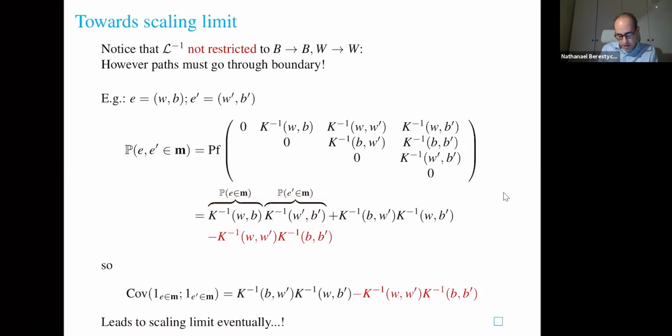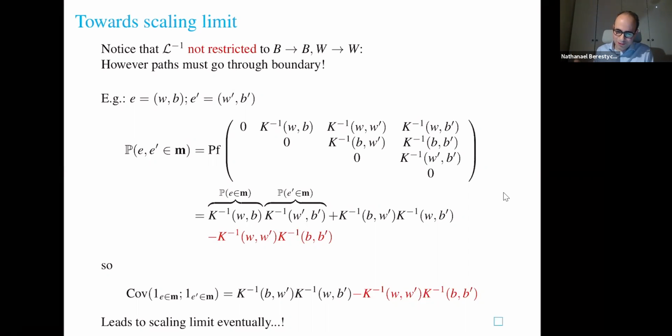Compared to Kenyon's work, the only difference is that there are now terms that include things that normally would be 0 in Kenyon, simply because for Kenyon, it's just not possible for the walk to go from a white to a black vertex. But for us, it is actually possible to go from a white to a black vertex, except that if you want to do that, you've got to go through the boundary. That's the only way you're going to exchange lattice.